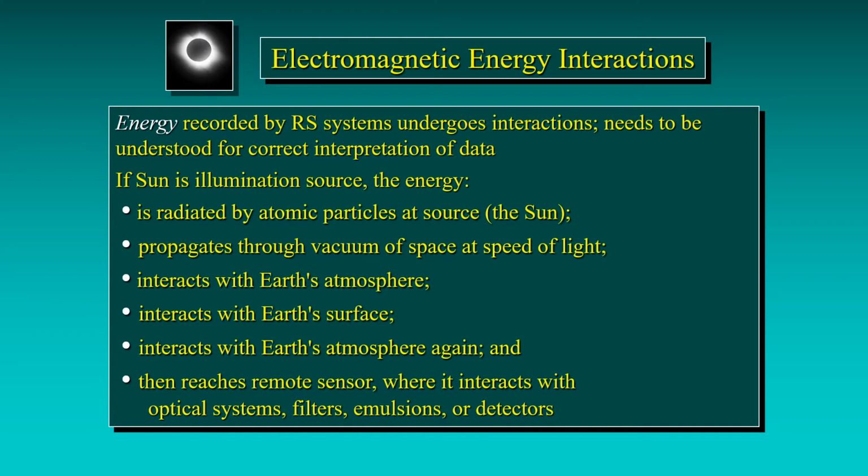Then some portion of that radiation is going to be interacting with the Earth's atmosphere again on the return trip back up through the atmosphere. And then it's finally going to reach the remote sensor, where within the sensor itself, within that camera, that electromagnetic radiation is going to be interacting with various optical systems, emulsions, maybe if we're using film, filters, or electro-optical detectors of some sort.